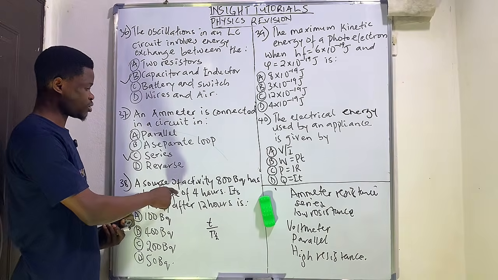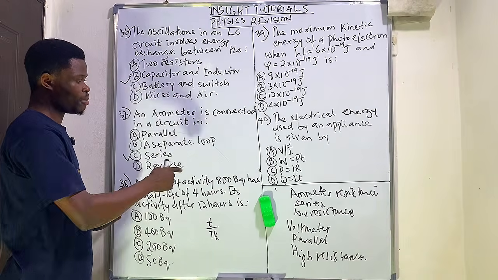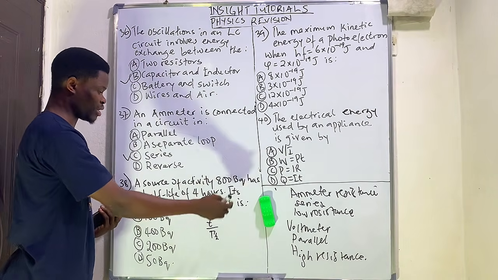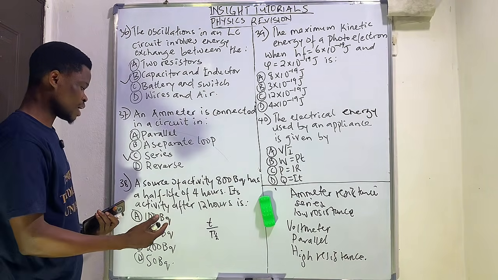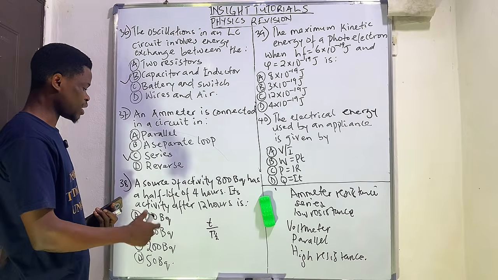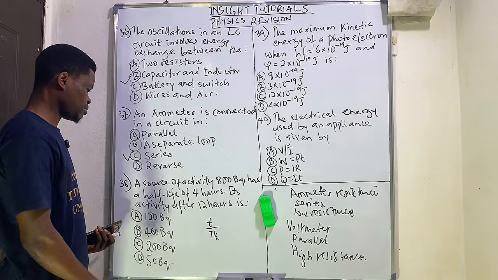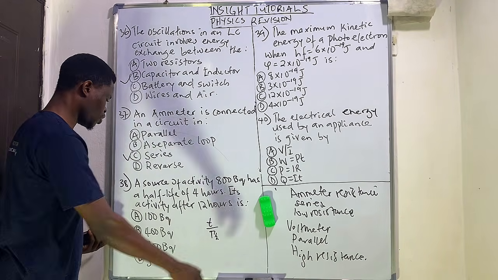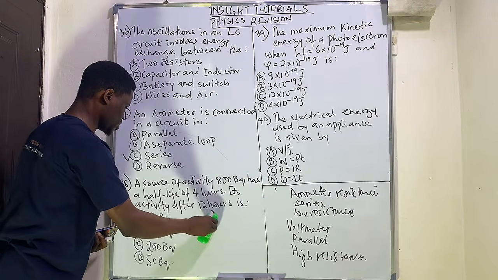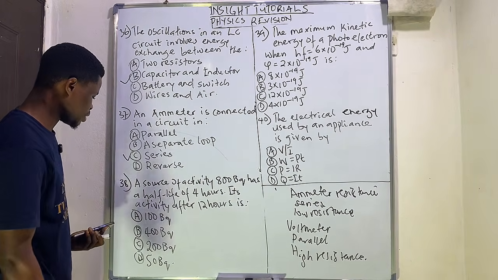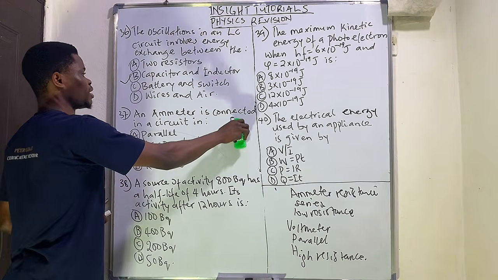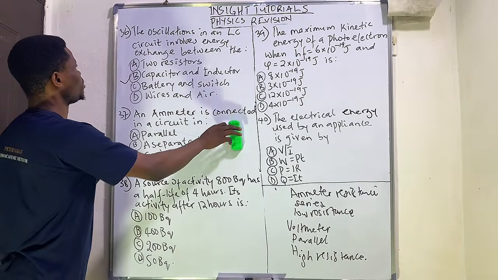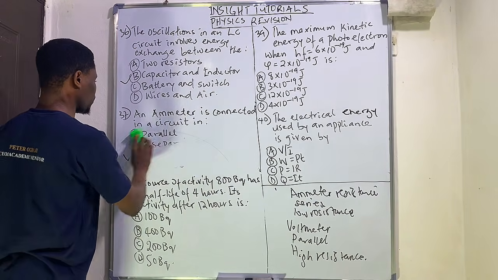Question says a source of activity 80 becquerel has a half-life of 4 hours. Its activity after 12 hours is: A says 10 becquerel, B says 400 becquerel, C says 200 becquerel, and D says 50 becquerel. Right? Now, let me make space here so that we'll be able to solve this question.